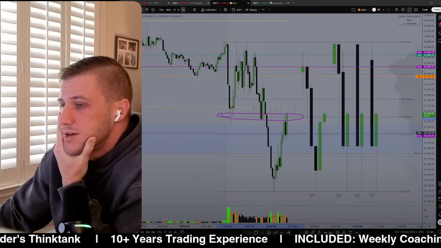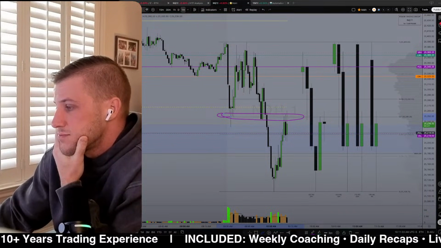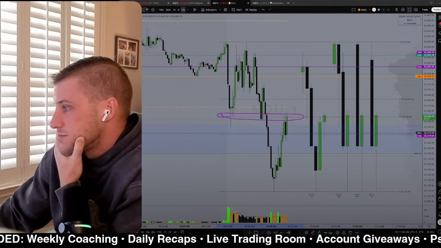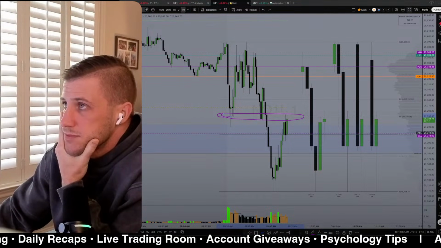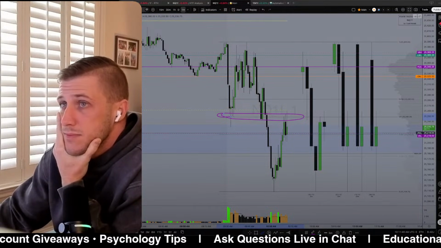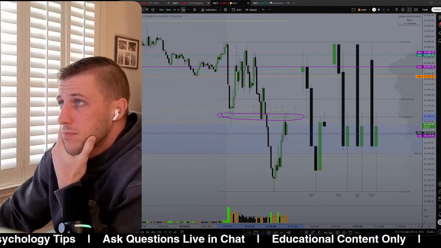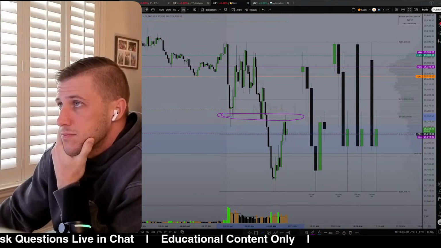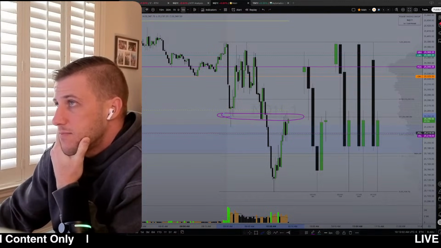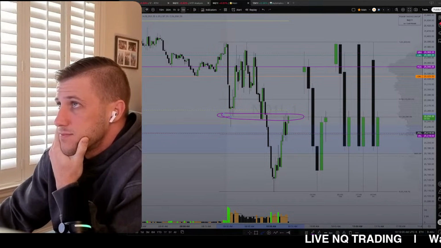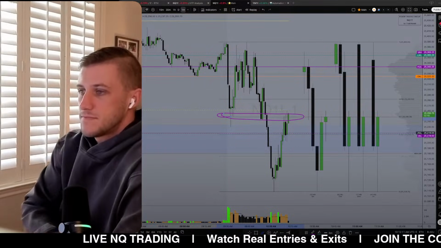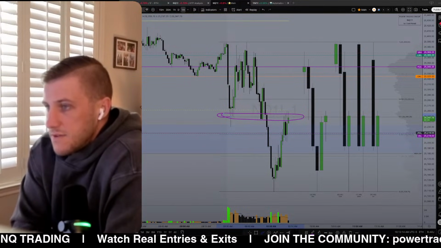There's a nice push. There it is. Wide structure, 65-point structure right here. So price can show a clean break of this 255.